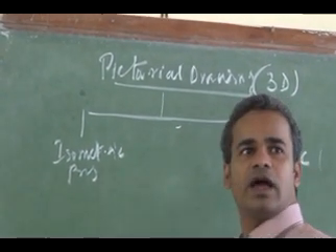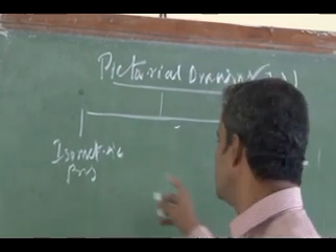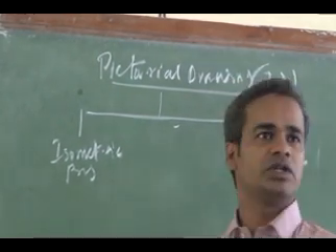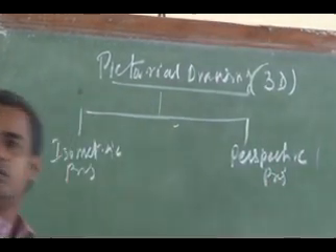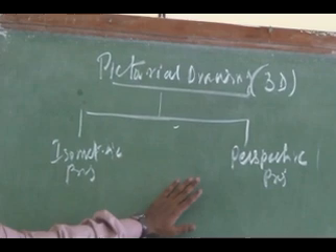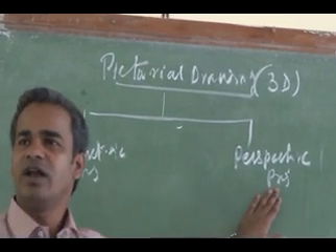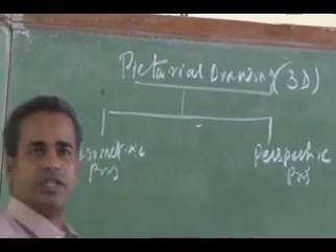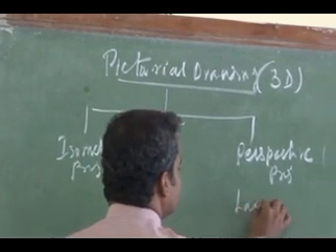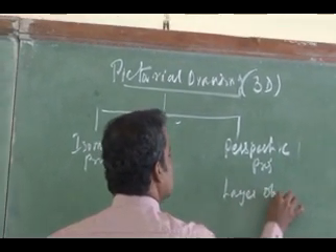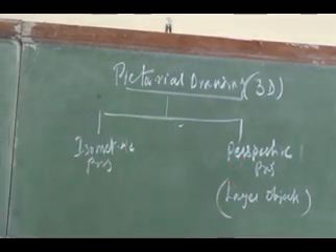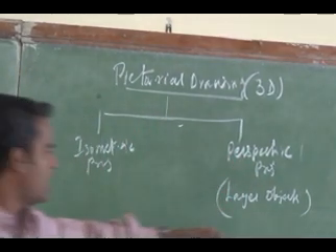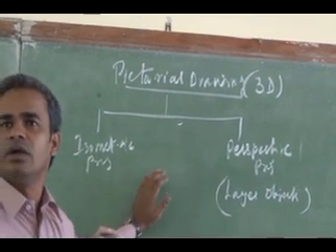Both are three-dimensional views. This is also a three-dimensional view, the perspective projection, and it is meant for larger objects. Can you give any examples?